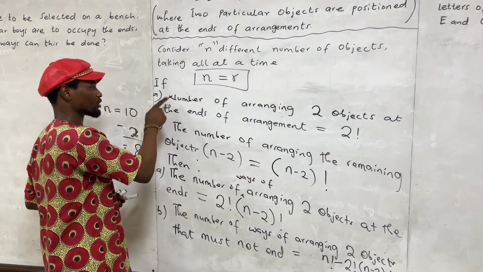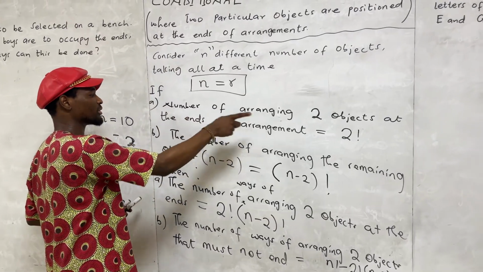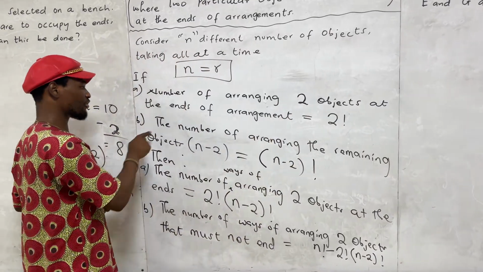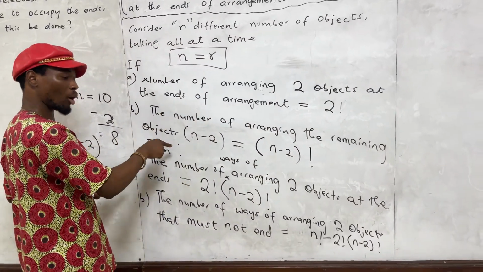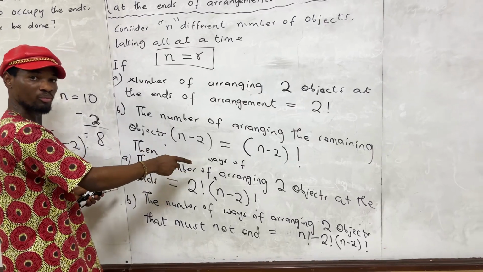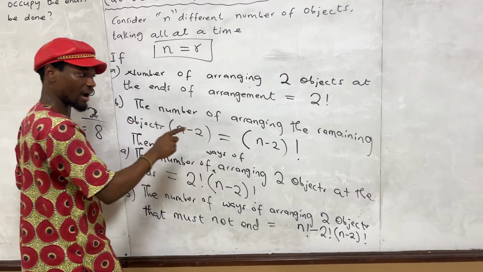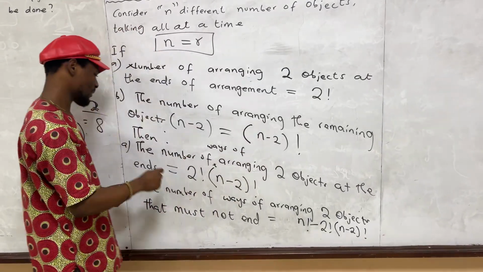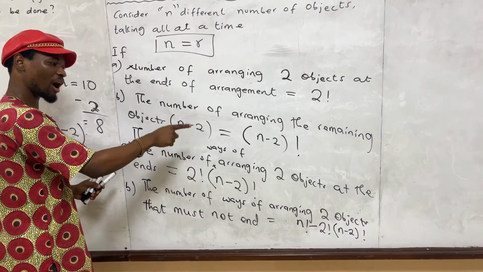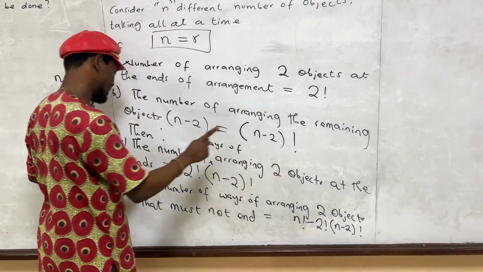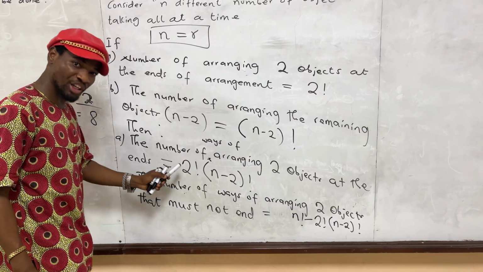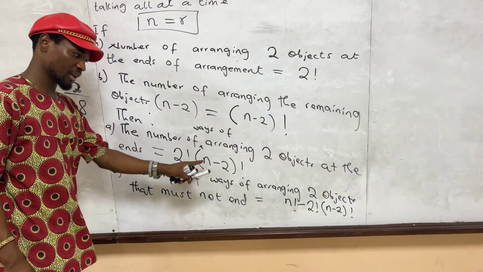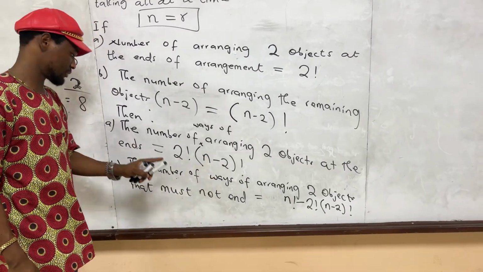If the number of arranging 2 objects at the ends of the arrangement is given by 2 factorial, and if the number of arranging the remaining objects, which is n minus 2, is given by n minus 2 factorial, then the number of ways of arranging 2 objects at the ends is given by 2 factorial times n minus 2 factorial.